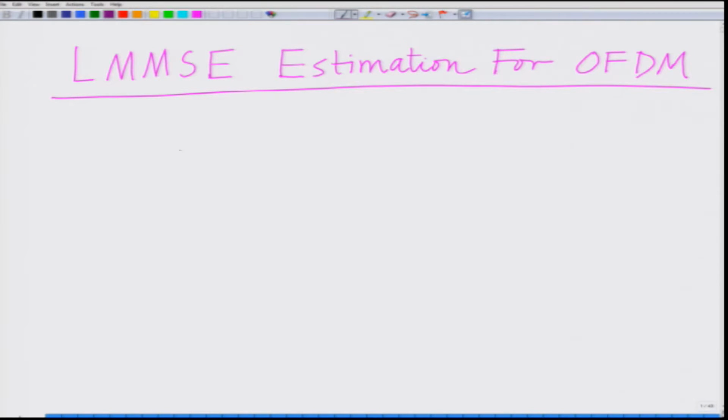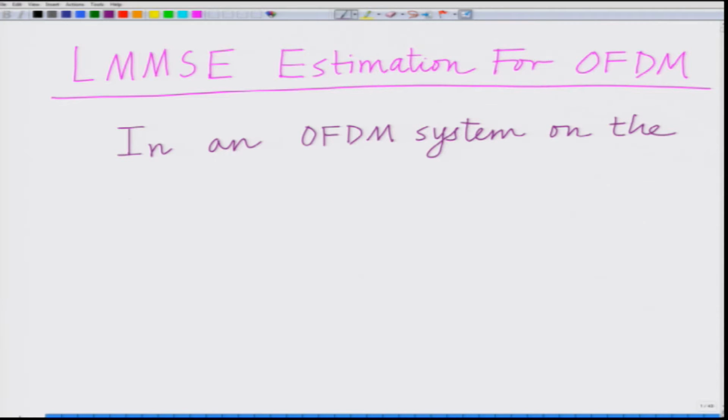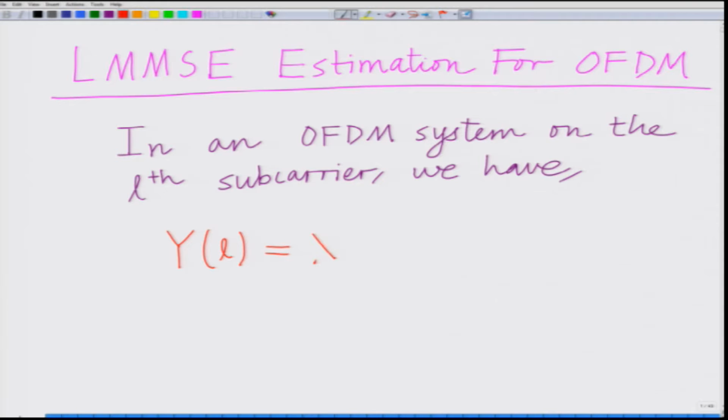In an OFDM system, on the Lth subcarrier, we have YL equals XL into HL plus VL.